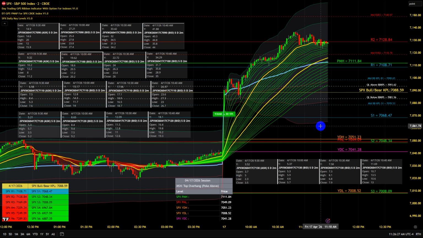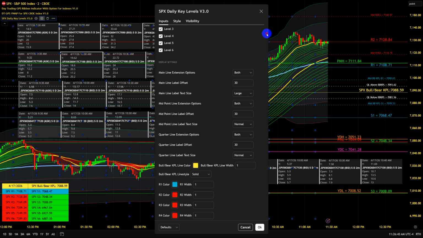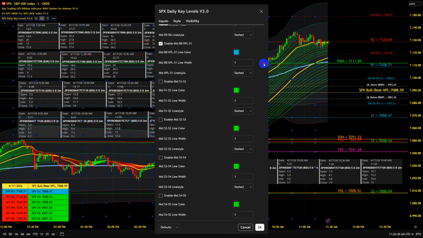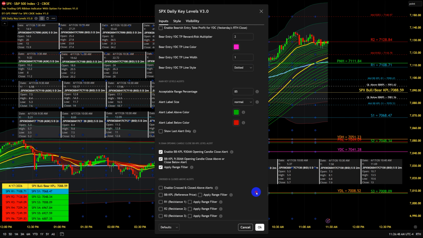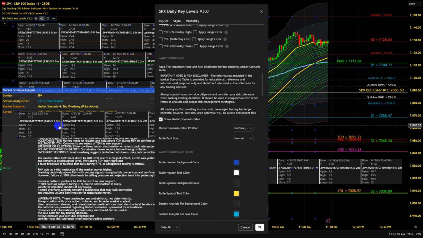And we also have a market structure analysis table that you can turn on, which will give you key trading characteristics and dominant tendencies, along with other relevant information you need to know about the specific market structure scenario in play for today's session. So for example, you go down here and you turn that on, and at the first tick of the 9:30 open, it will give you a market structure scenario analysis table with all that information.